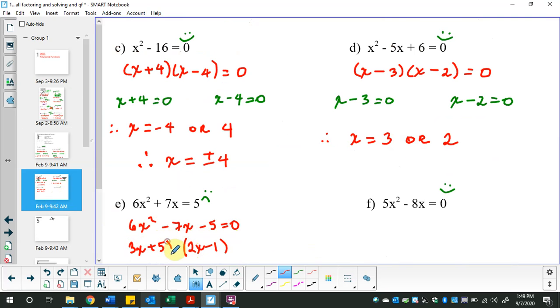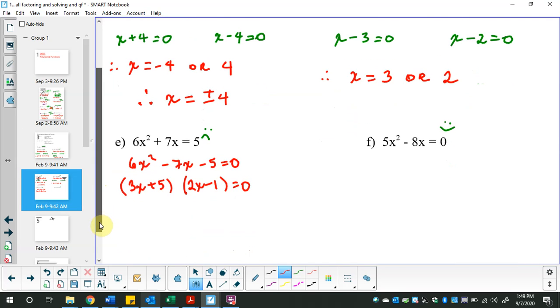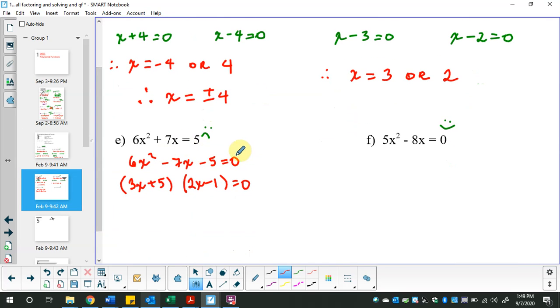3x plus 5, 2x minus 1. And these are stolen questions, stolen from my first. I will need to see the factoring. So I do need to see the 5 come over to make an equal 0, so this all can happen. I do need to see the factoring.